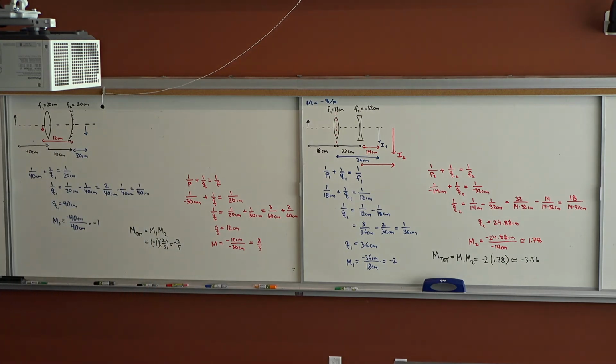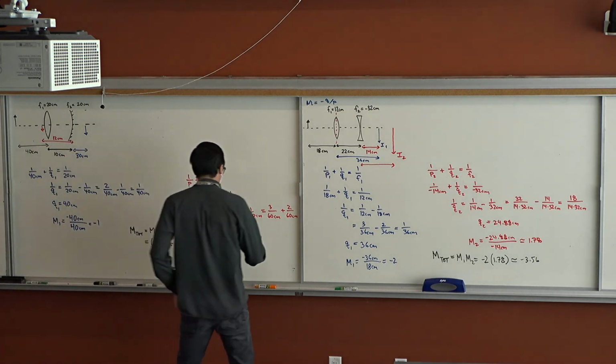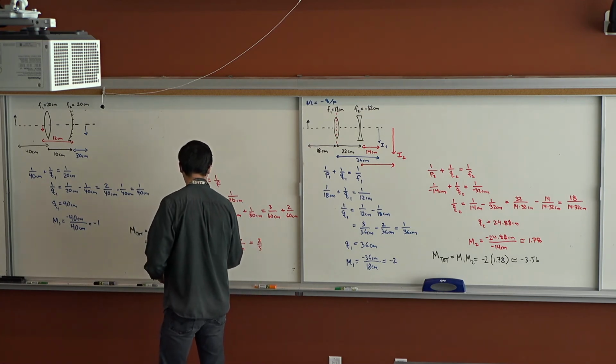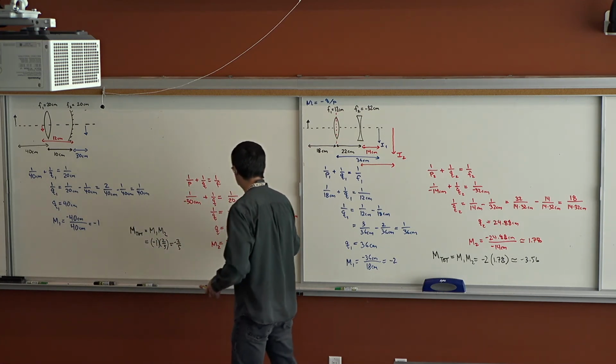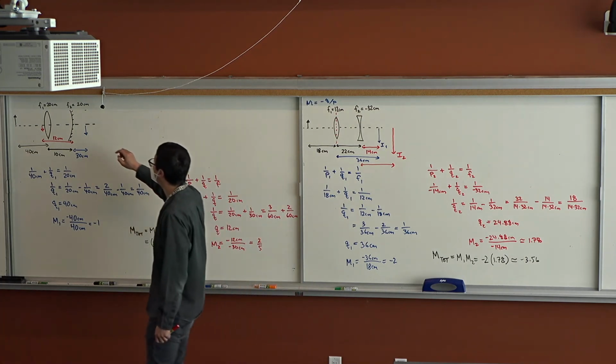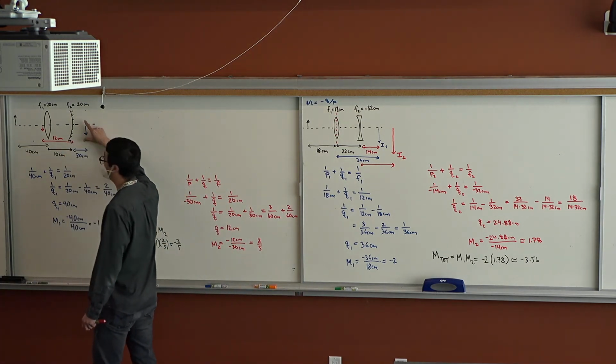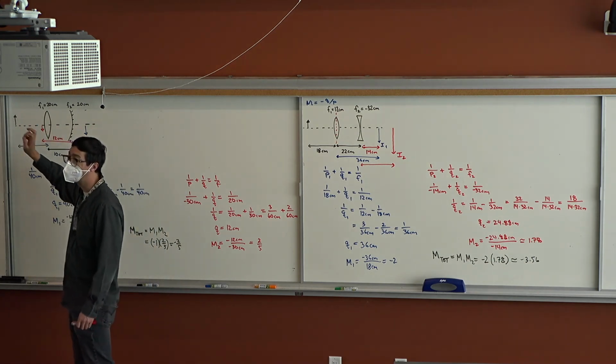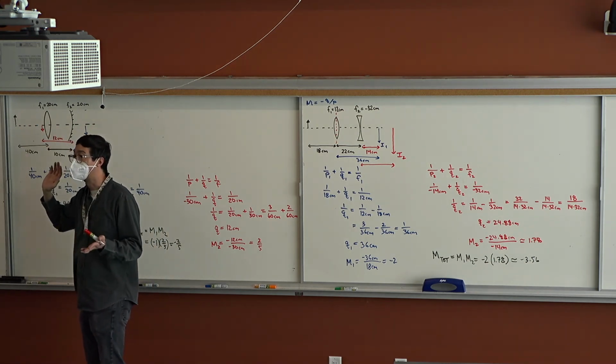Questions, comments, concerns? So actually, that 2 over 5 is compared to the original object, right? In this case, yes, but normally M2 should be how big this one got scaled. But because this one is the same size as this one, this time it does work out that way.